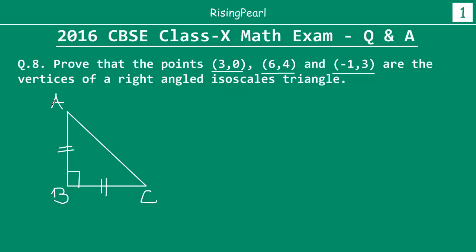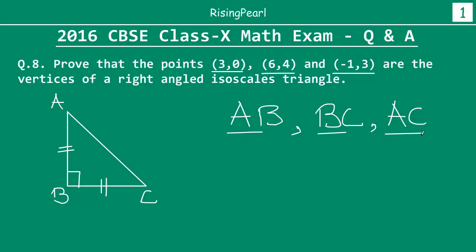Now we don't know which is A, which is B, which is C. But we do know that of the three sides AB, BC and AC, any two of them will be equal, and we also have to prove that it is a right angle triangle. So we have to find the length of each of these sides and then find out which two are equal.